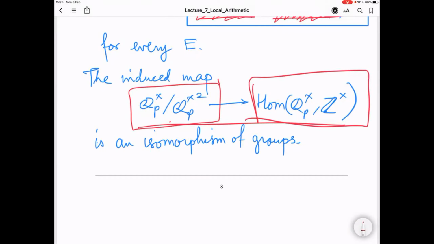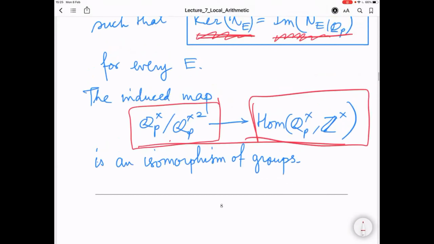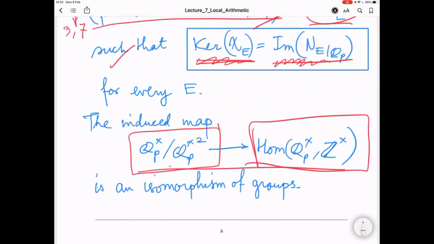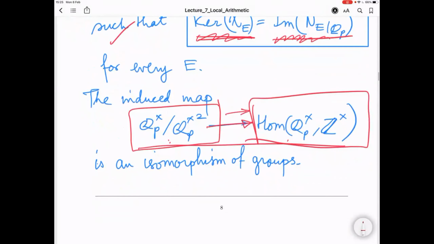So if I have this bijection here, then of course I get a map by sending the trivial element here to the trivial element here. So I'll get a bijection between these two groups. And the other claim is that this is not just a bijection, it's actually an isomorphism of groups. Okay?